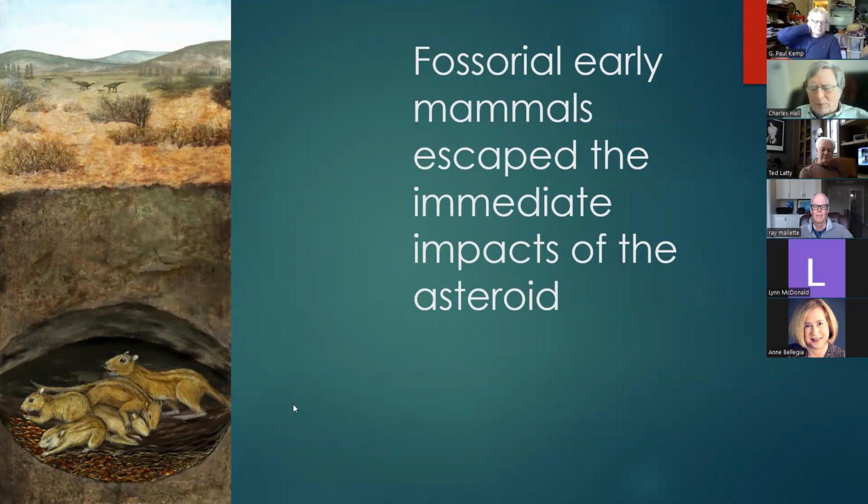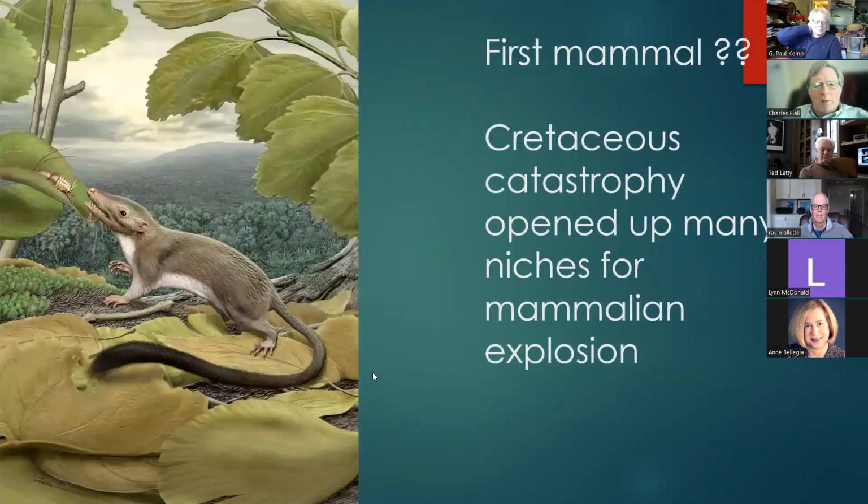We used to make bomb shelters back in the 1950s. Well, these guys had their bomb shelters, and here we have our progenitors, our ancestors. And it was a catastrophe for the dinosaurs, but it was a terrific opportunity for mammals because there was all kinds of food available without competition from those pesky dinosaurs, which they had previously dealt with. Now, there was a time when early mammals and dinosaurs coexisted many millions of years, but the mammals were not becoming dominant.